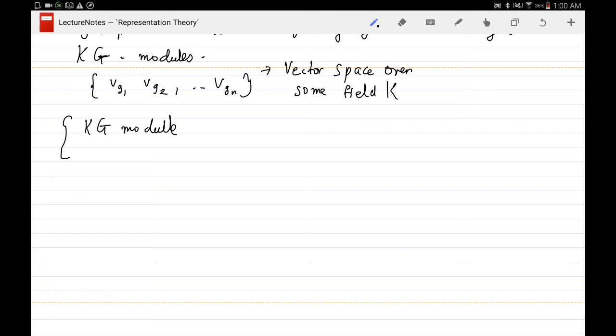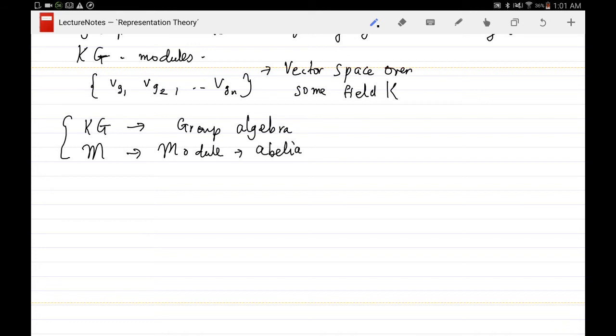So let me do this. KG is the group algebra, and M is the module, which is really the abelian group.